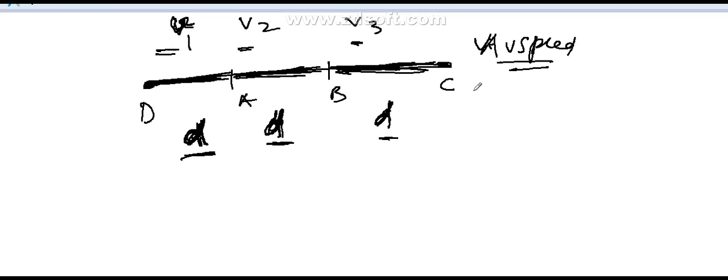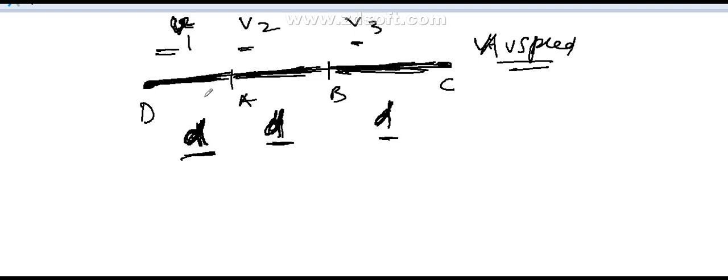Velocity over time. Time is equal to... wait.